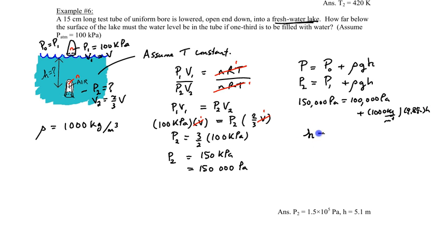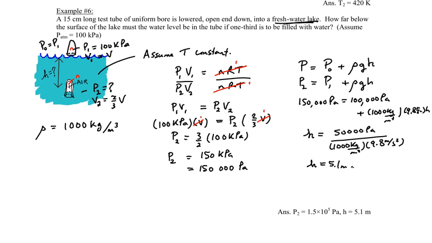Solving for h, it will be 50,000 pascals divided by 1,000 kilograms per meter cubed times 9.8 meters per second squared. And this gives you a depth of 5.1 meters.